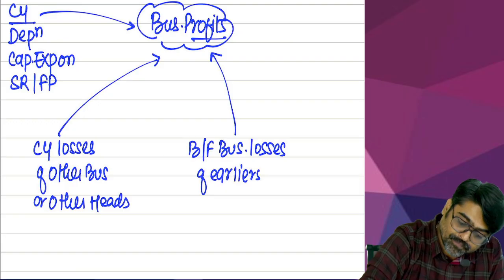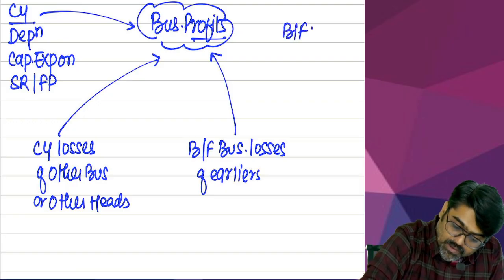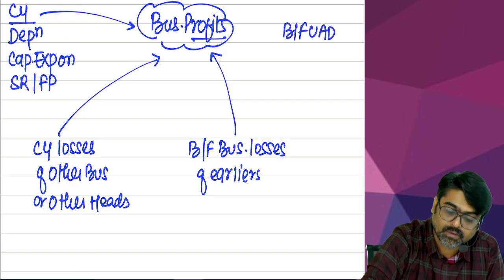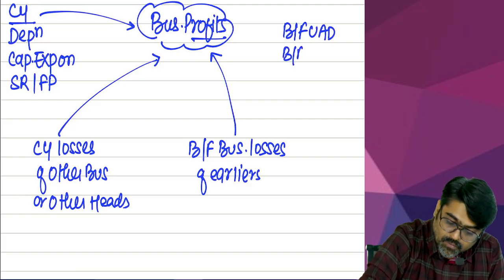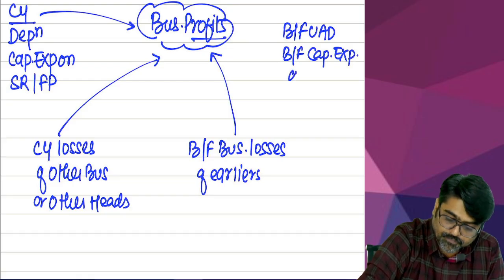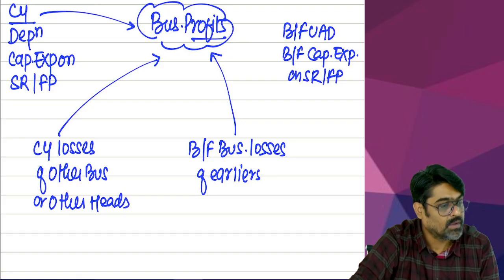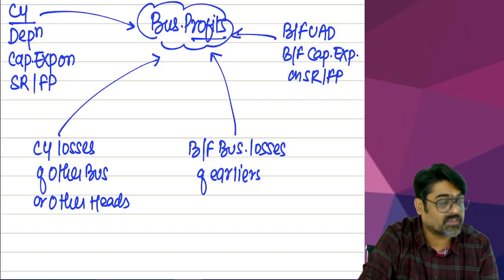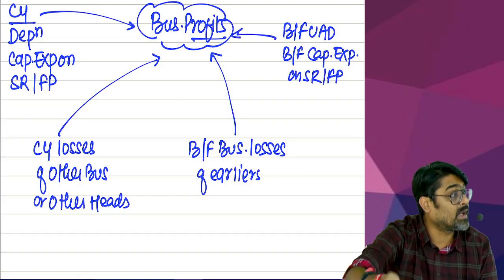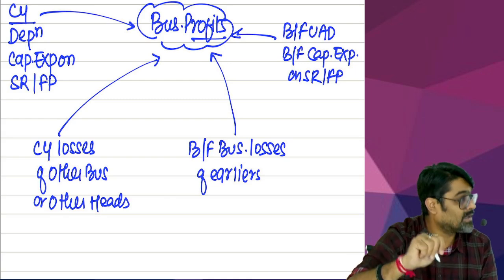And do you remember, sometimes brought forward unabsorbed depreciation or brought forward capital expenditure on scientific research, family planning, yes or no? Even they can be adjusted from your business profits of this year as well as other incomes of this year, except salary.